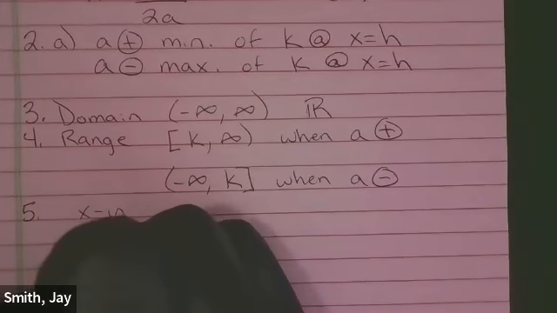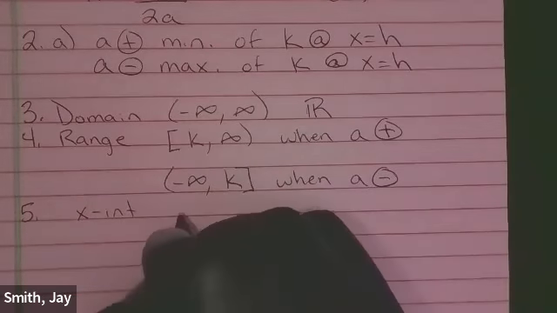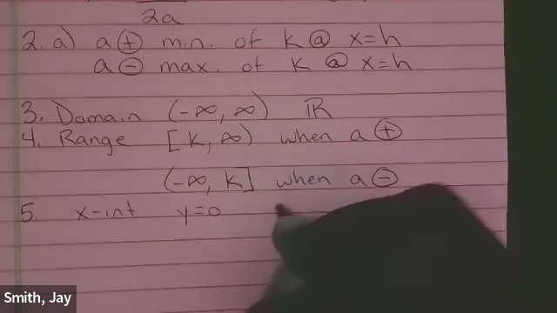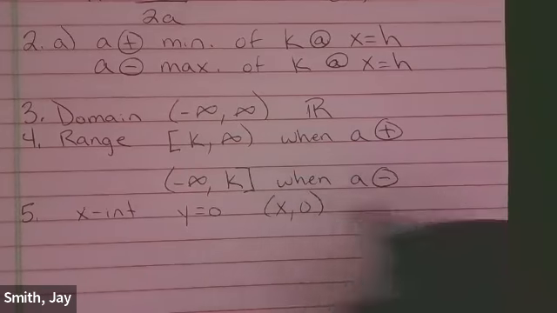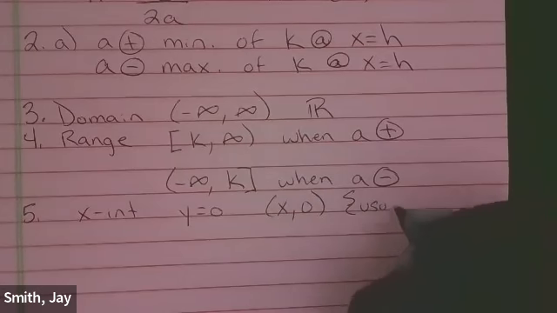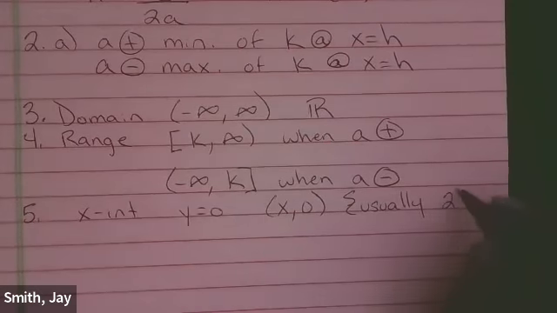We also went over how we get our x-intercepts and our y-intercepts. Remember, for our x-intercept, this implies that y is equal to 0. So the x-intercept is always the ordered pair x, 0. And typically, I will say usually, we have two x-intercepts. Sometimes we may have one x-intercept, and there are sometimes where we have no x-intercepts.